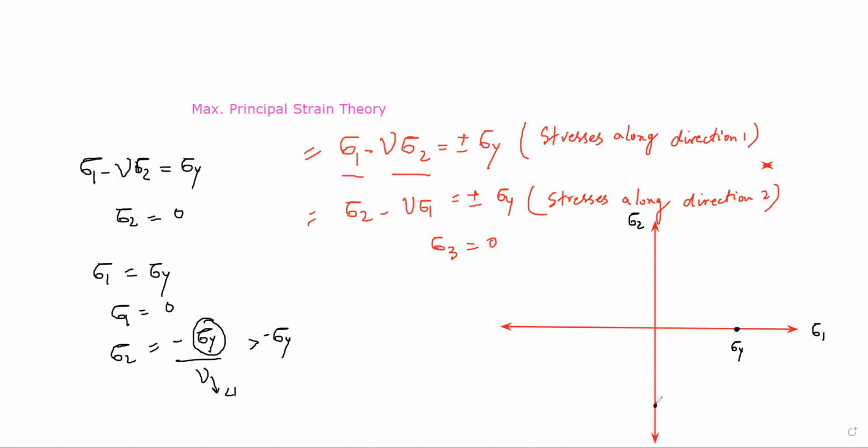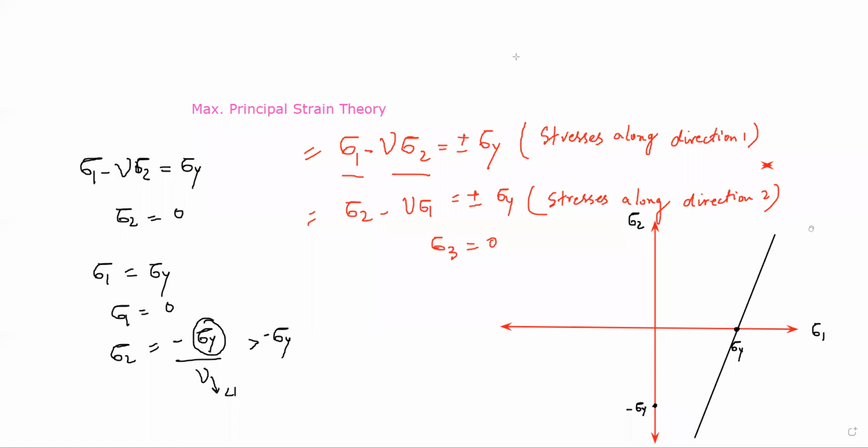So minus sigma y is somewhere here. Let's say this is minus sigma y. Minus sigma y divided by Poisson's ratio will be somewhere here. If we draw a line passing through, it will be a line like this.